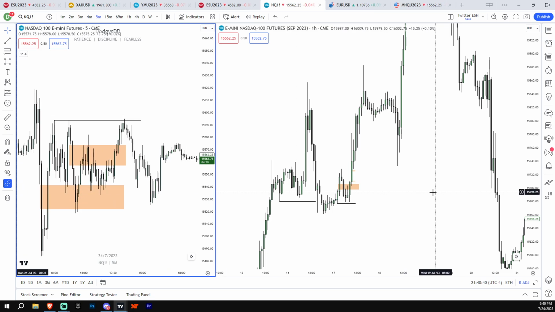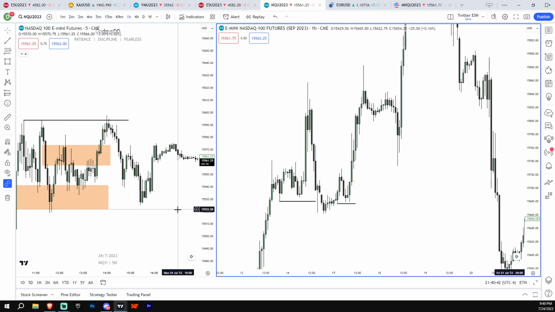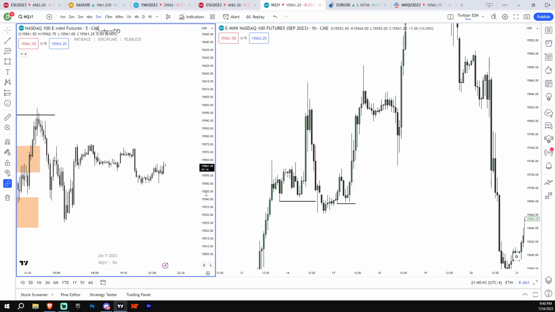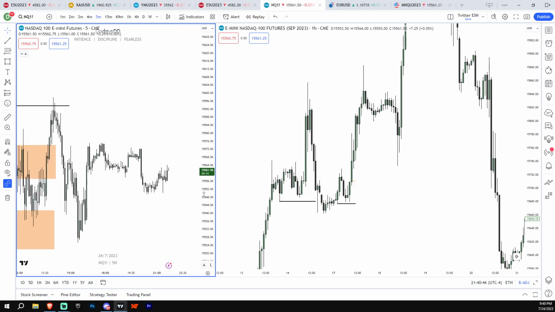So that was that. Tomorrow, I don't know if I'm going to paper trade or real trade yet. I've got to see what the open looks like. I want to see if we get a PD array rated open I can use to find a setup. If not, I probably just won't trade. So really, I'm looking for a PD array to be formed at open tomorrow to find a setup.